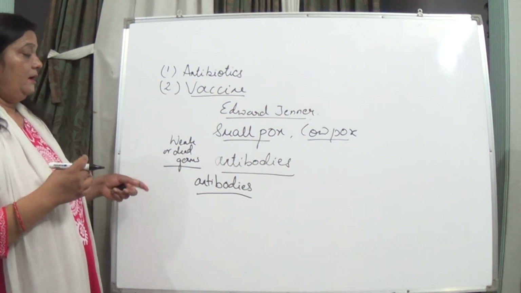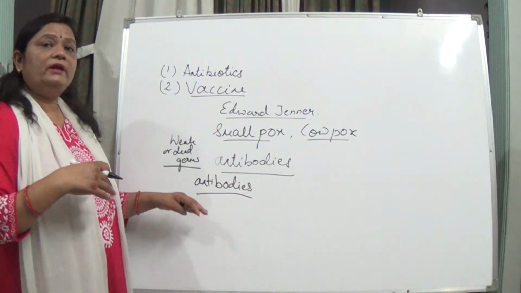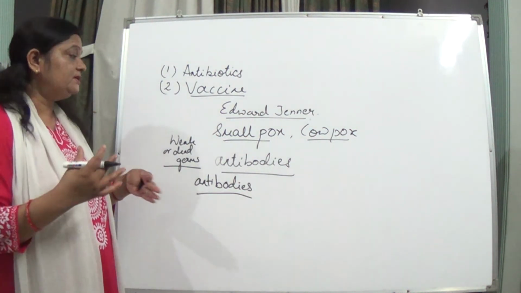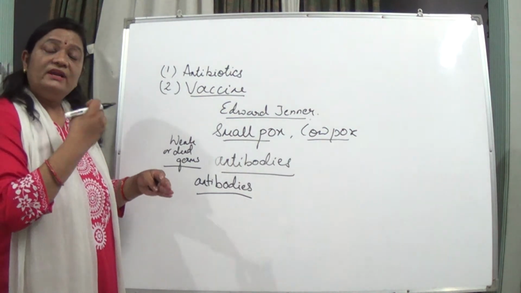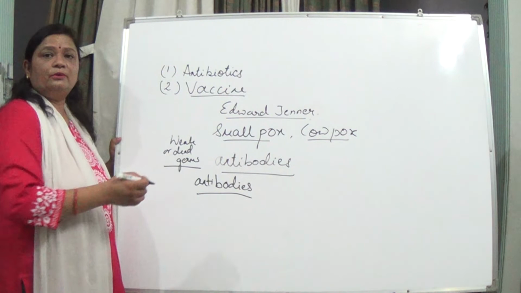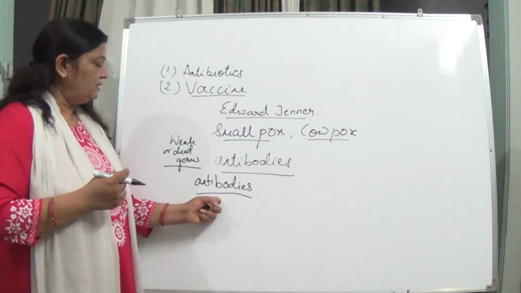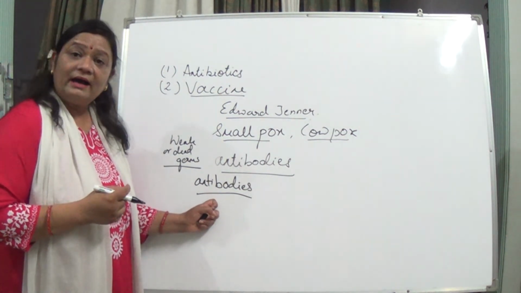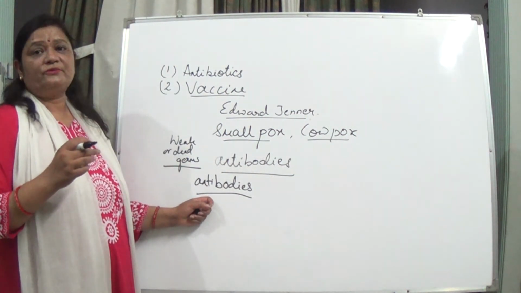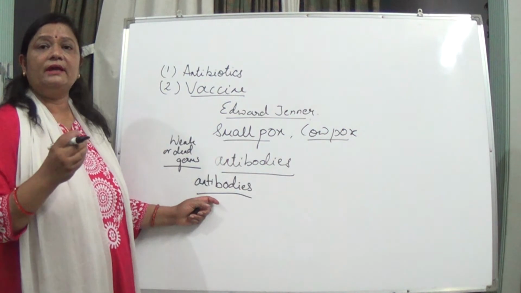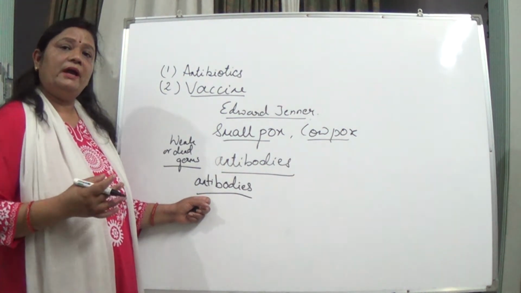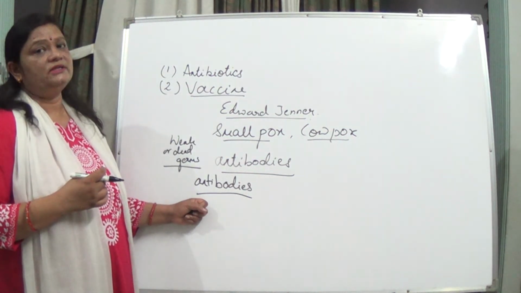One time comes that our body has produced so many antibodies that when a person naturally gets affected with these germs, the antibodies fight against them, and the person is free from that disease. The person doesn't get that disease because the body has already produced antibodies against those germs.